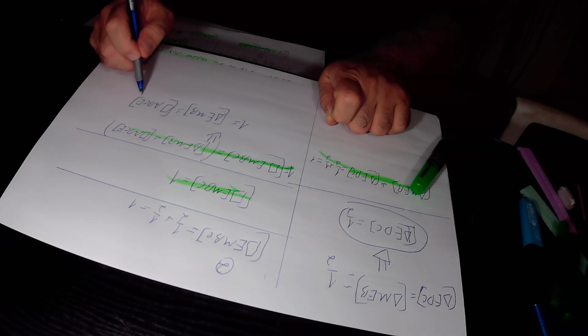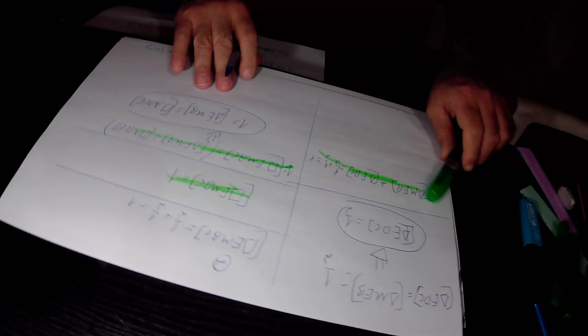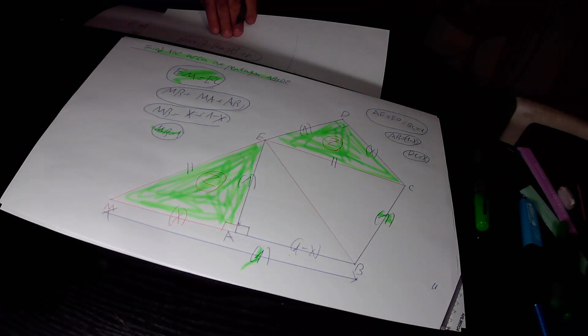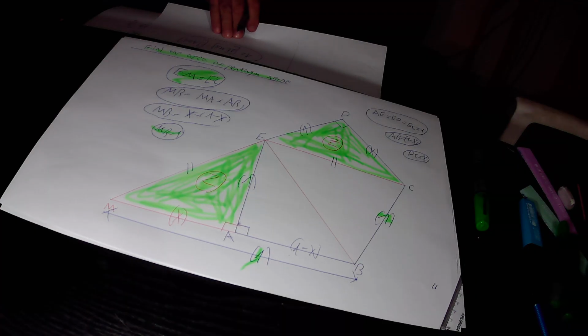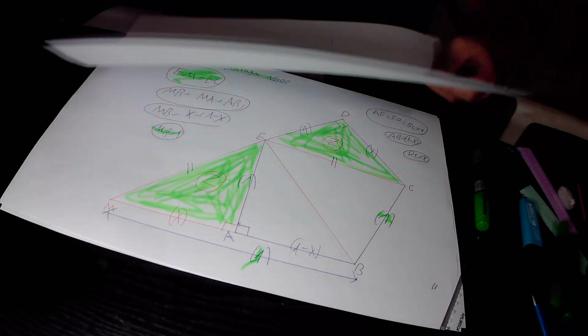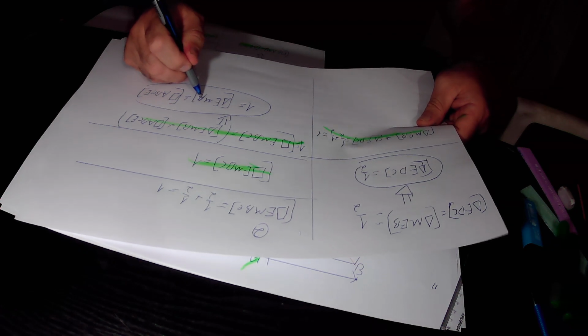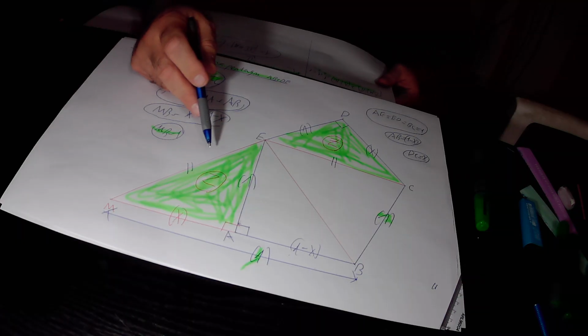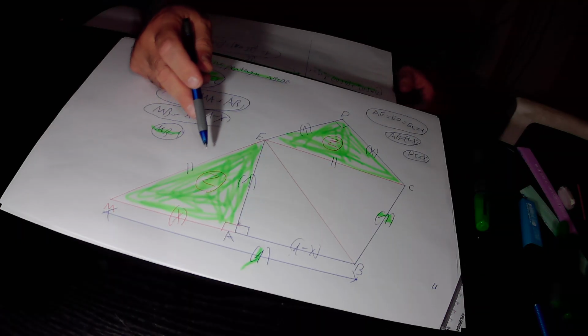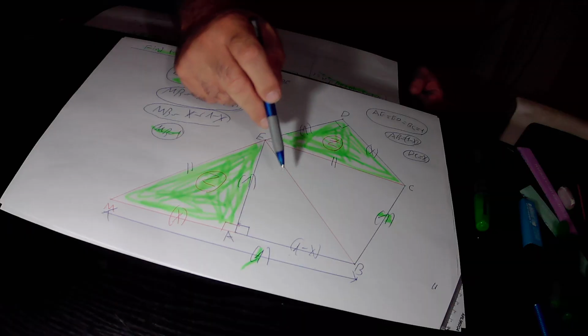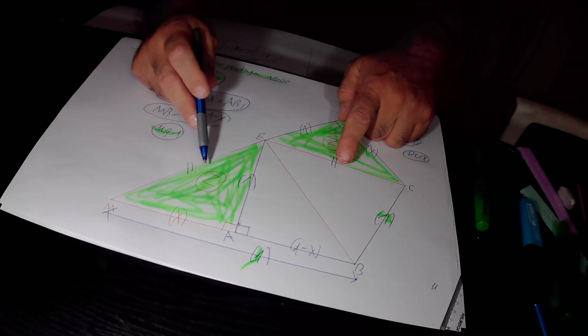So we found out that the area of this right triangle, the right triangle EMA, plus the area of this quadrilateral ABCE in total is equal to 1.